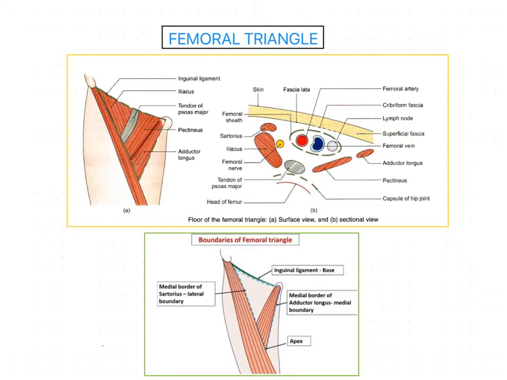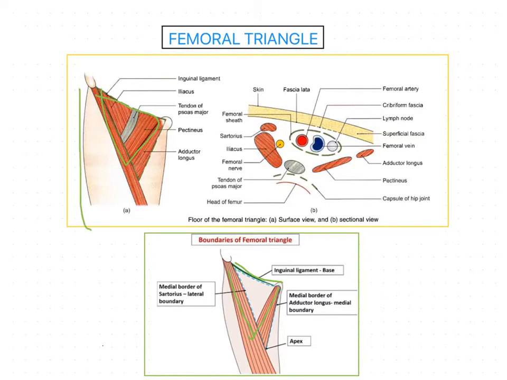immediately below the inguinal ligament. So here this is the inguinal ligament. Below this inguinal ligament you can see a triangular depression. So it is present on the front of the upper 1/3 of the thigh.